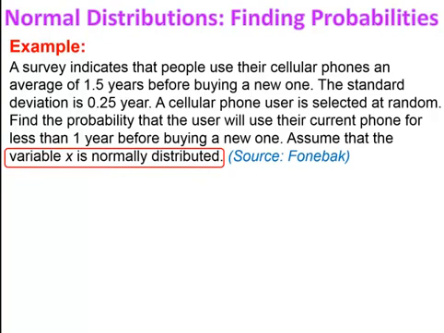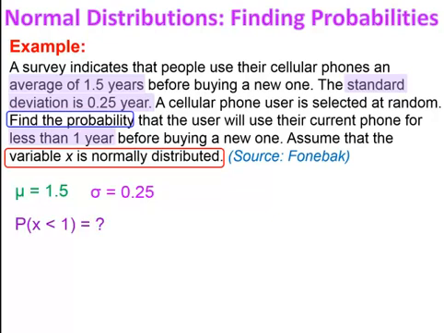So what I'm identifying here is my mean is the 1.5 and my standard deviation is the 0.25. And what we're looking for is the probability of less than 1 year. So that's what the probability abbreviation would look like. We're looking to see, is our x, or random variable, less than 1, which means it's getting shaded to the left.